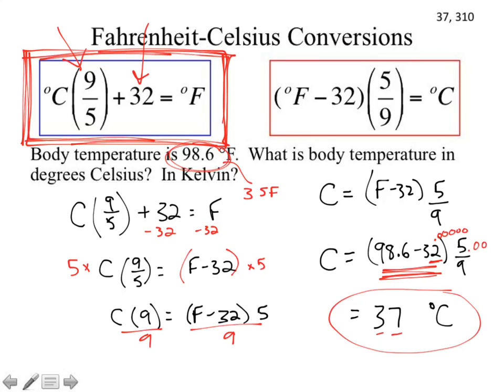There's an infinite string of zeros after the 5, infinite after the 9, which means my least accurate position in that first calculation is the tenths place, which means this answer would be wrong. I would need 37.0. Is this conversion absolutely 100% tricky with this whole sig figs thing? Absolutely, which is why I probably would not ask it as a sig fig question.